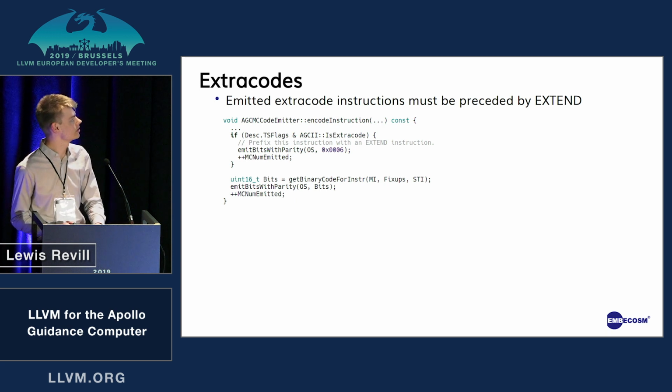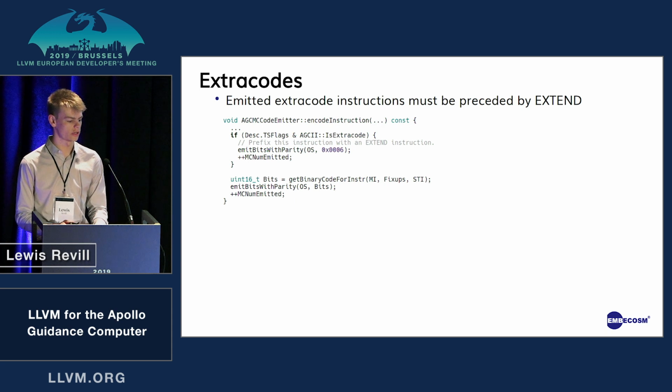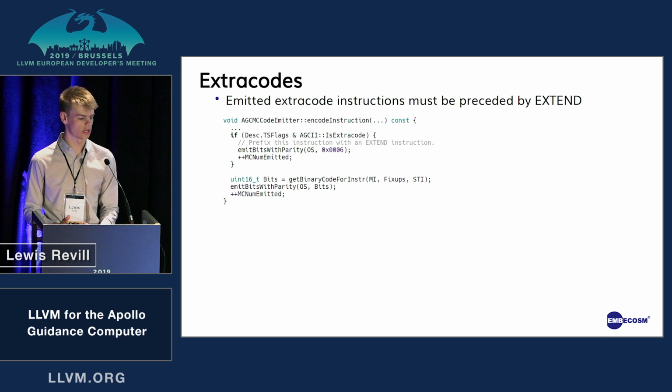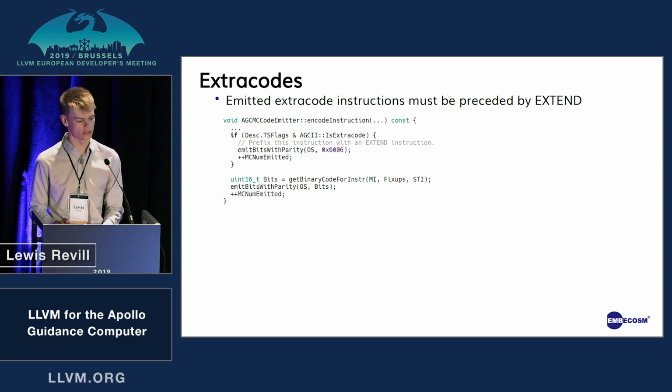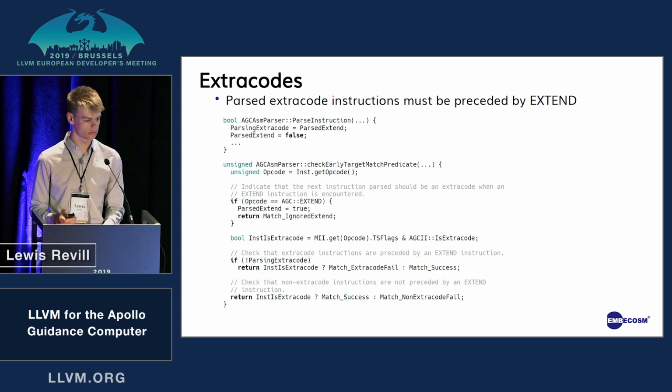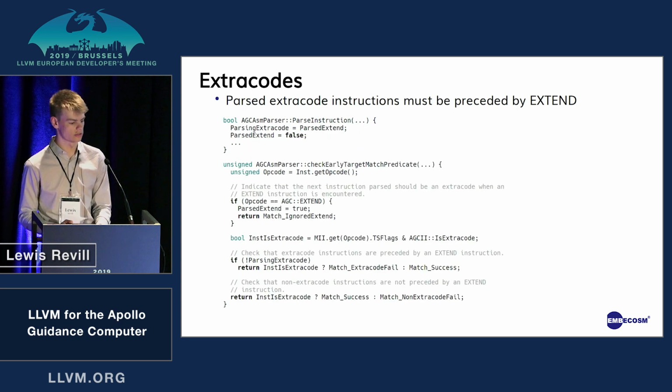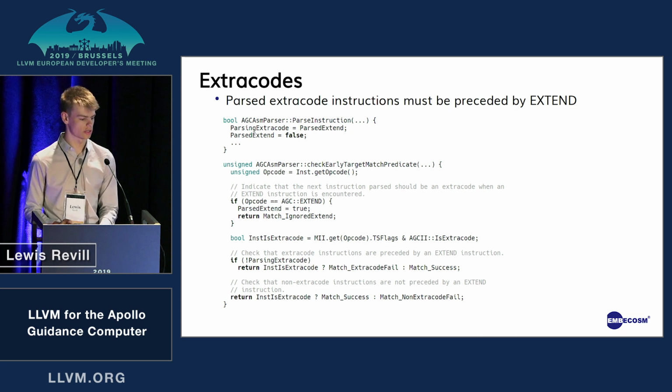Extend is the way that you get extracode instructions to be emitted. So if I'm emitting something in the MC code emitter, I also need to check if it's an extracode and emit the raw bytes of an extend instruction beforehand. Parsing also needs to take into account extend. So basically I check if an instruction has to be prefixed by an extend, then I have to check if the prior instruction was an extend instruction.